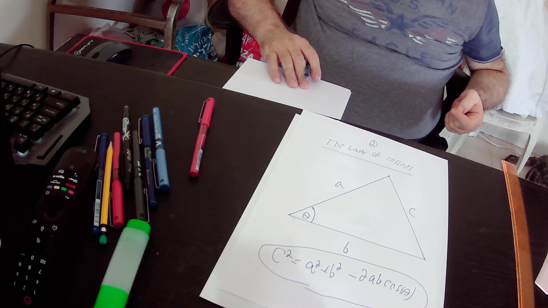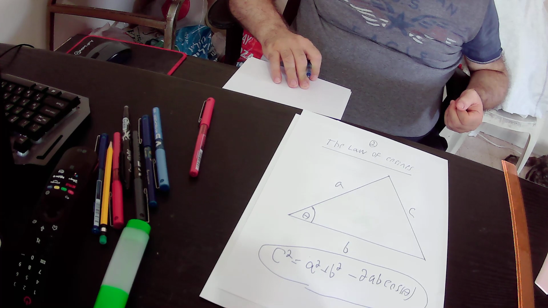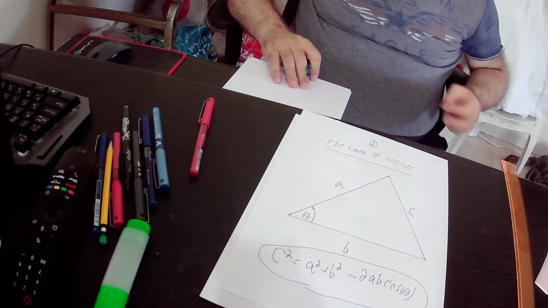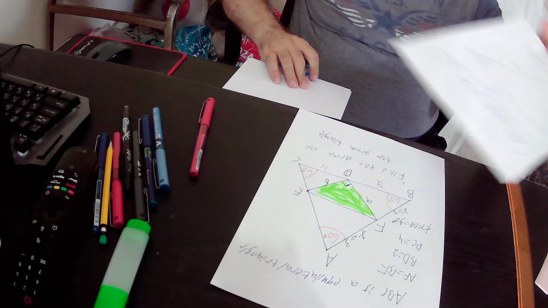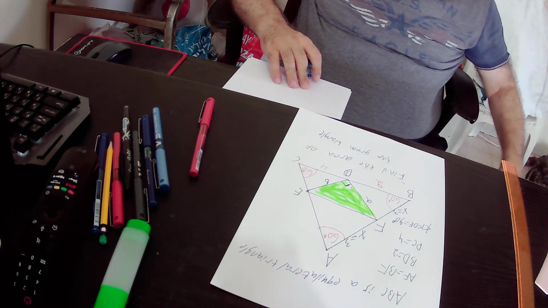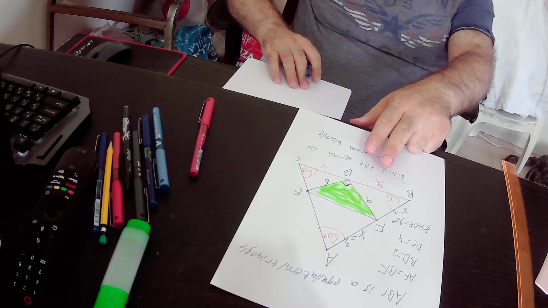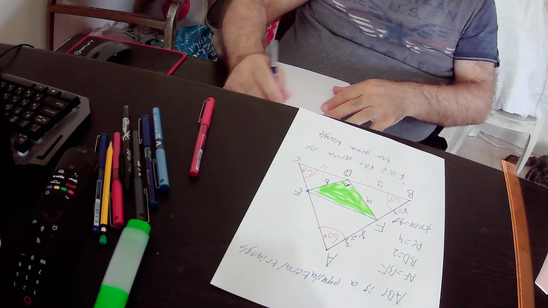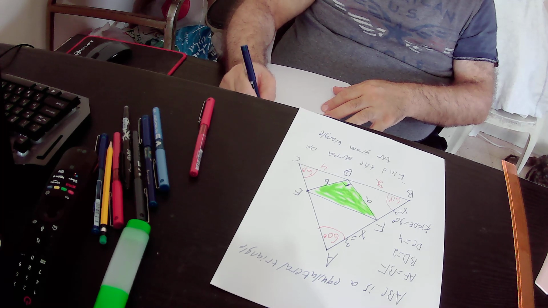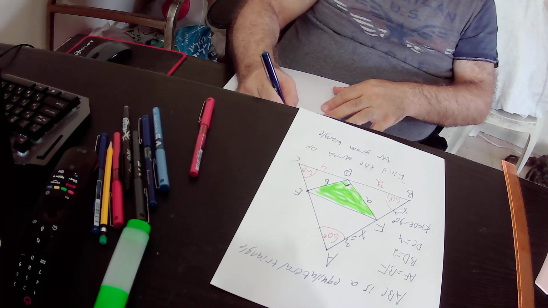Okay, so we actually can implement the law of cosines in our triangle, because we will focus on triangle BFD. We will implement the law of cosines in triangle BFD.